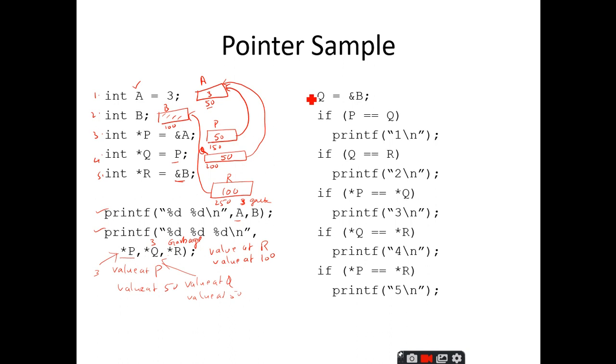Now look at this one. q = &b. Now what happened? I am assigning the address of b to q. So erase this value of 50 and store the address of b here. So when I store 100 inside q, this particular link will be broken, and q is going to point to b itself.